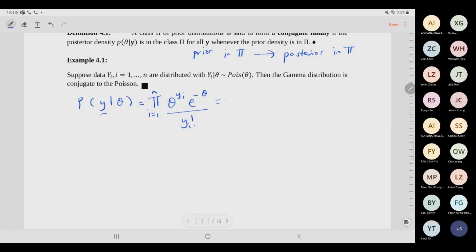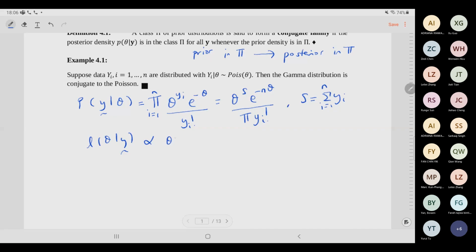From the previous example, we have shown that we can have this joint PMF. To make it easier, we define S as the sum of yi, i from 1 to n.